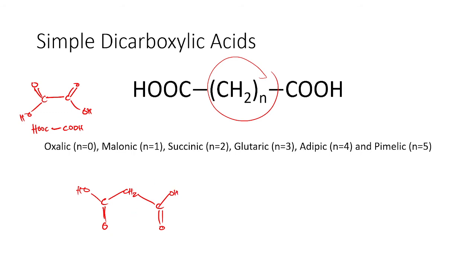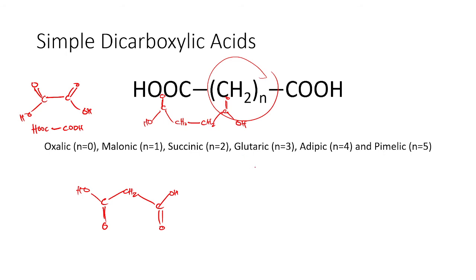And for succinic acid, ganun lang din magiging itsura niya, but instead of isa lang yung nasa gitna, magkakaroon ka ng dalawa. So, you will have your CH2 attached to a CH2. Then your carbon and another carbon here, each with a double bond with oxygen and an OH. So that is your succinic acid.